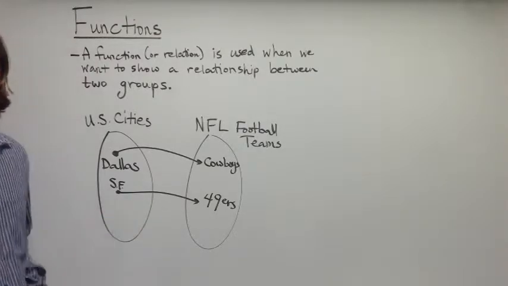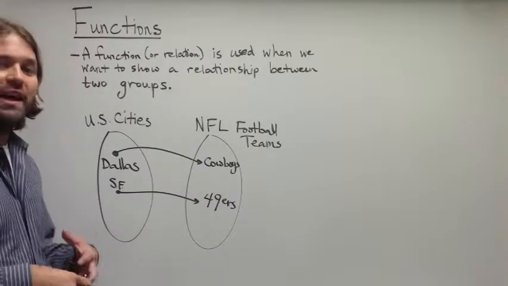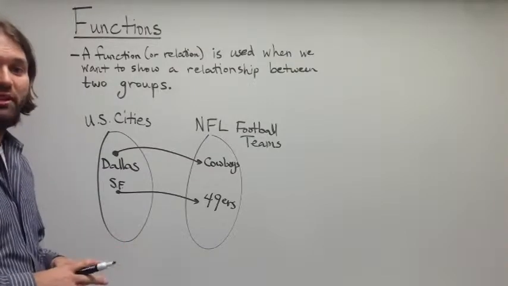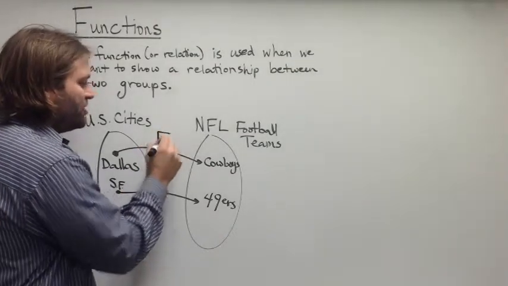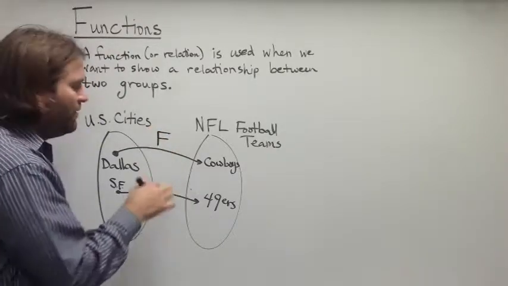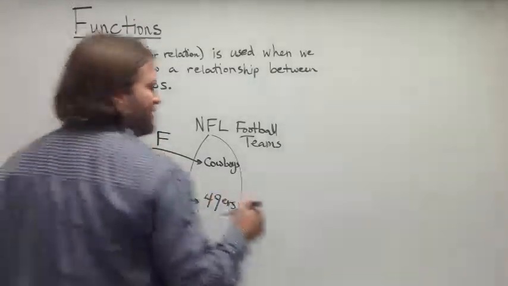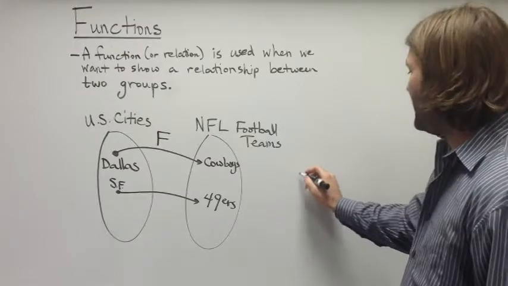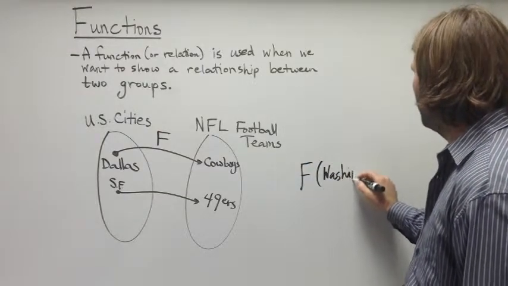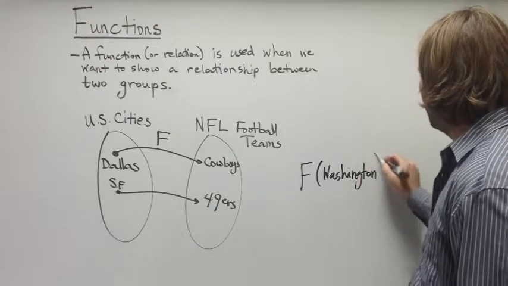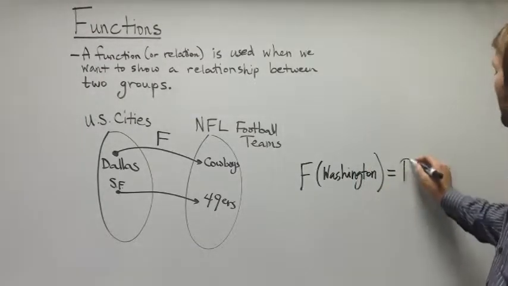Now, in mathematics, we have a special way of notating this type of relationship. If we call this relationship F for football, we can write it like this. We might say something like F of Washington is equal to the Redskins.